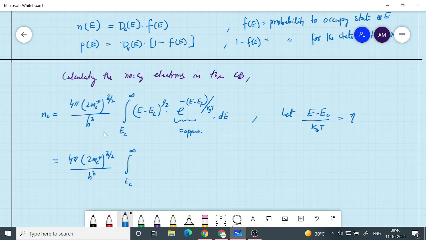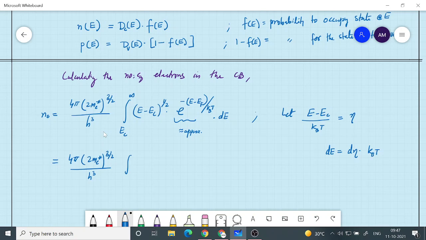EC to infinity. The limit will also change because we are changing the variable. So what is dE? dE is basically d eta into kBT.